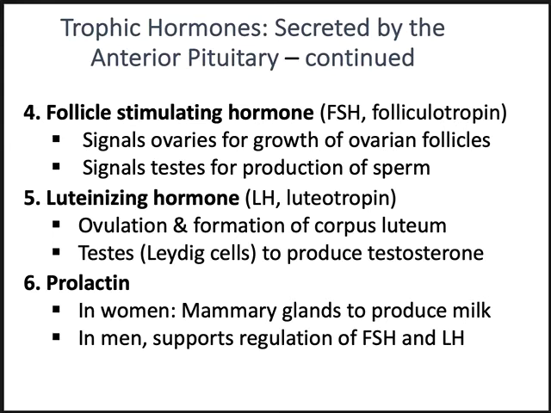It stimulates the mammary glands to produce milk. And in men, it supports FSH and LH regulation. Prolactin is released when a newborn baby suckles at the mother's breast, causing the production of milk.